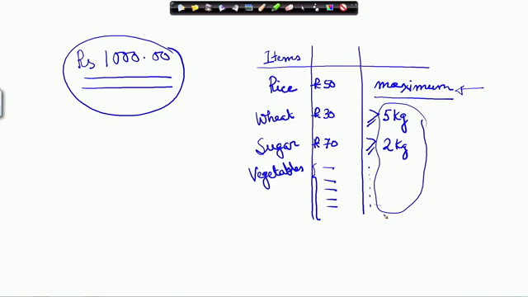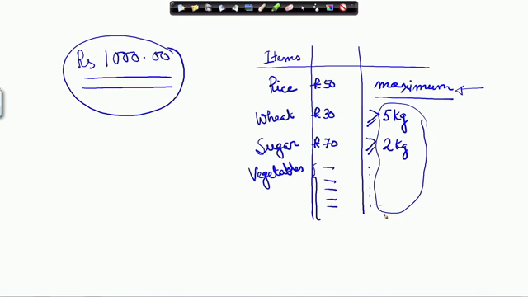So, this is another problem when you go to the market. Such a thing is always told, or we have in mind that we have to cover these items, and there is a cost for that, and we have to satisfy the cost. So, this is another type of problem.